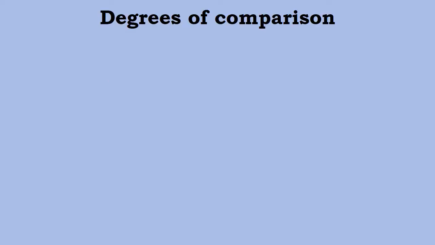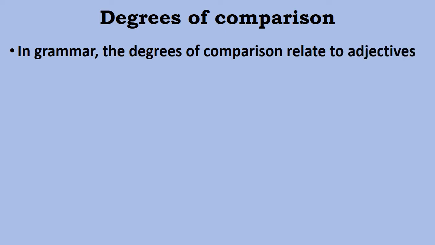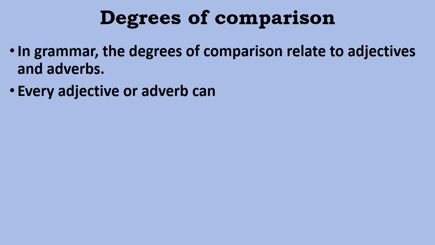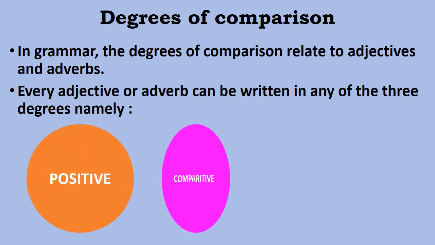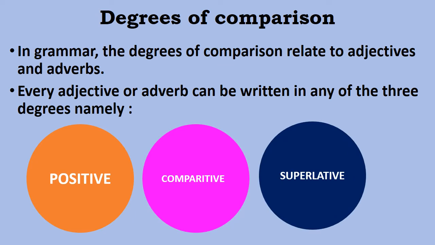Before we start with actual transformation, we'll just revise the degrees of comparison. In grammar, we know the degrees of comparison relate to adjectives and adverbs. Every adjective or adverb can be written in any of the three ways, that is, positive degree, comparative degree, and the superlative degree.